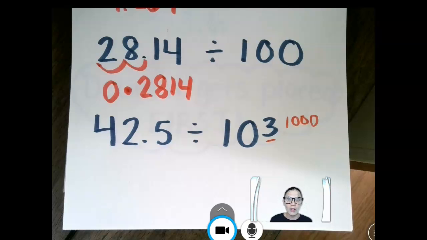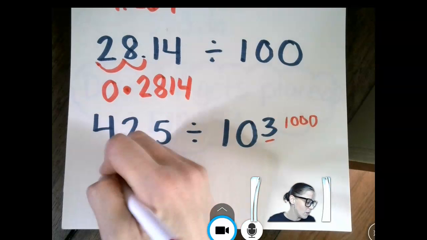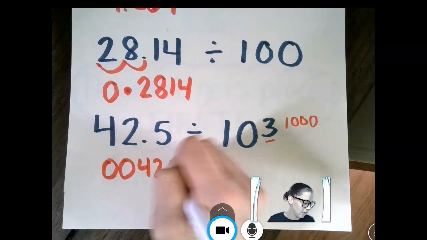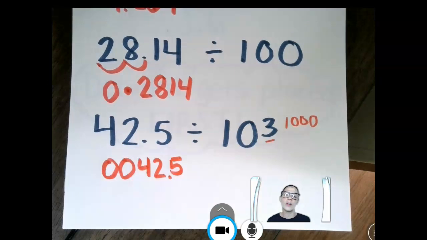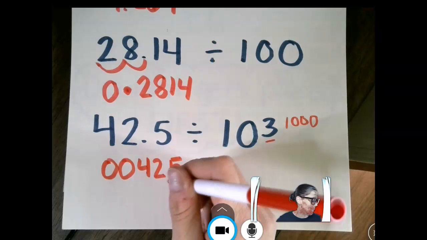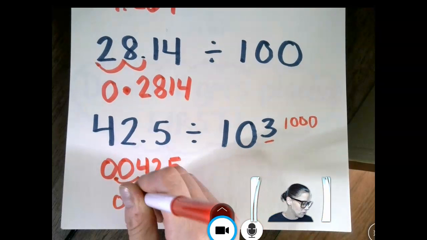Well, I can already tell looking at this number that I'm going to need to move it 3 times, and I could probably use a 0 as a placeholder to show where I'm going to move my decimal. So I'm going to rewrite this number like this, and that's going to allow me to make sure that I have zeros in the right place value in my final answer. So I'm going to move it 1, 2, 3, and my answer should look like this.